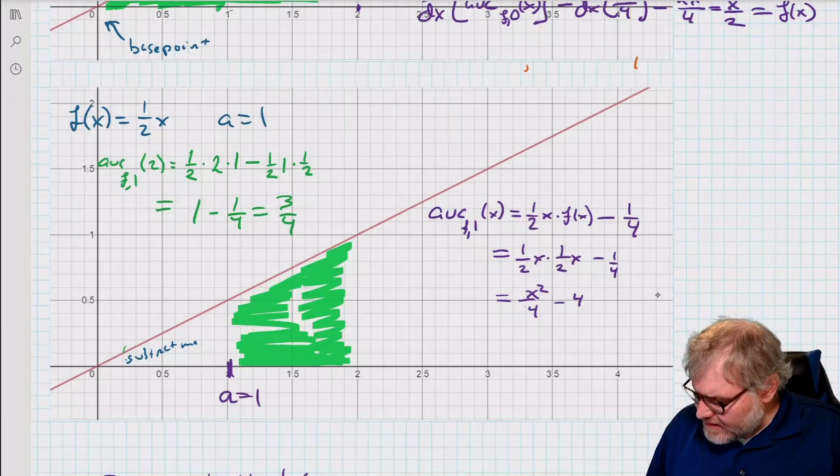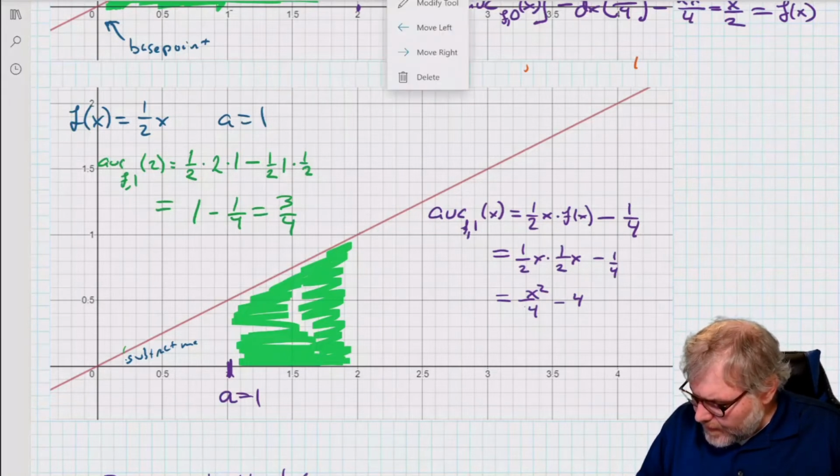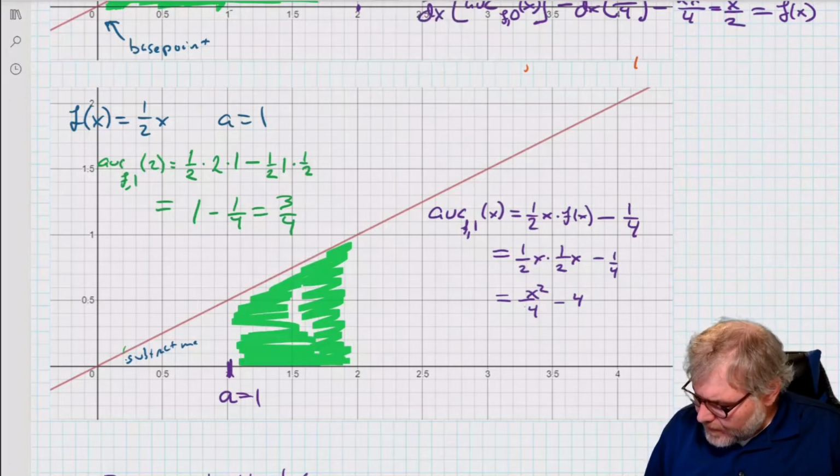Notice two things. This is actually equal to AUC F0 of x minus AUC F0 of 1.